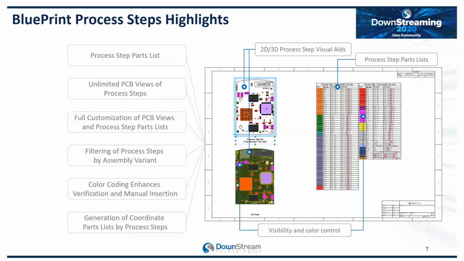Where do they go in relation to other things on the board? And you have choices in terms of how you want to display that. So there's unlimited PCB views, full customization of those PCB views in 2D and in 3D, with all the visibility and color control that we would expect. That color coding enhances my verification, and as I said, really helps in the manual insertion process steps.